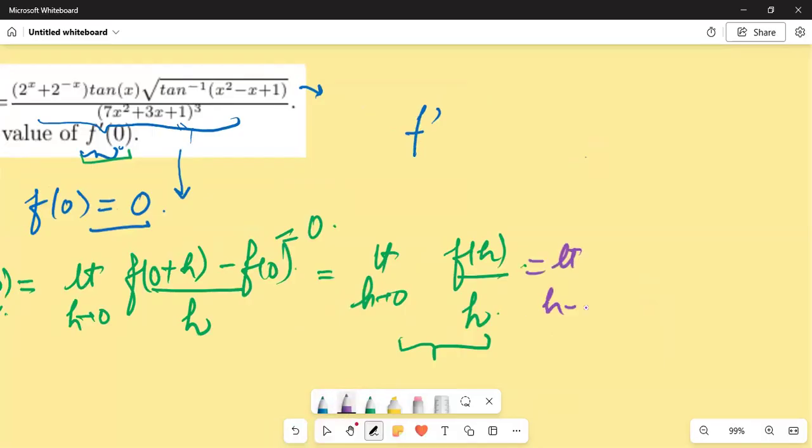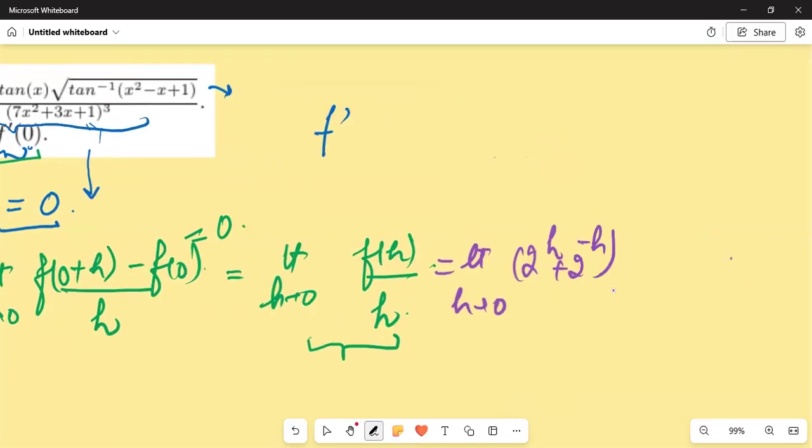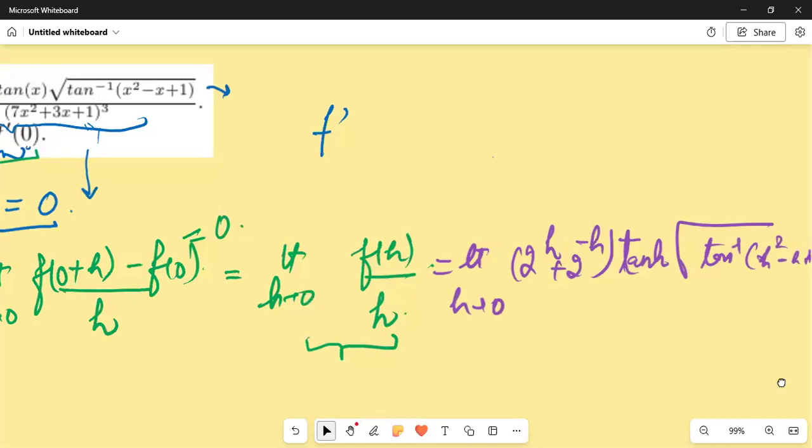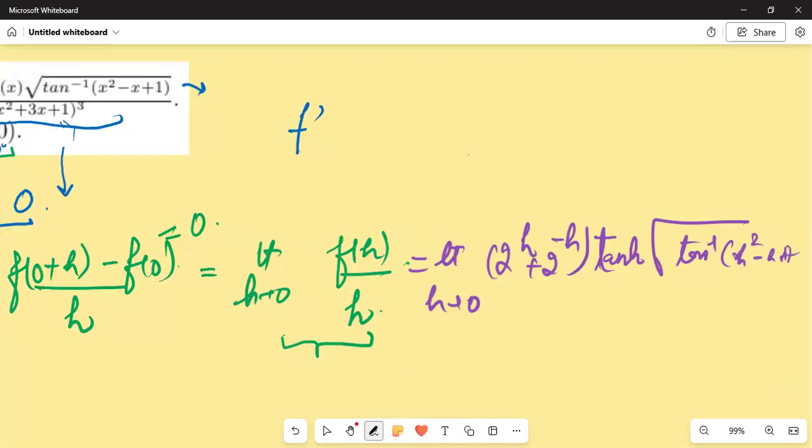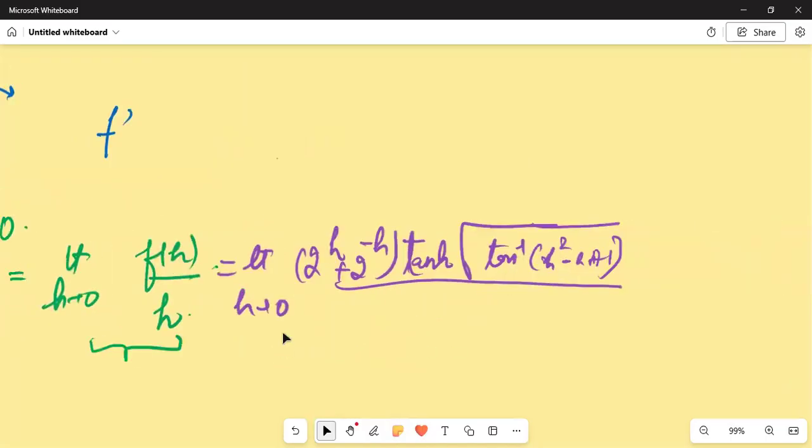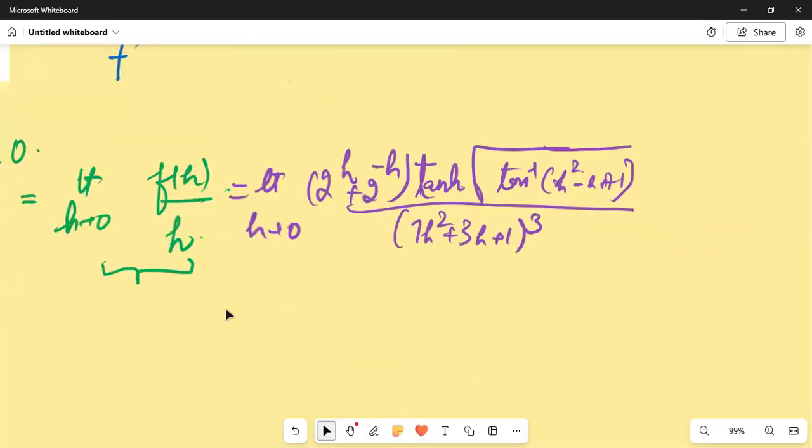You will get f(h) as 2 raised to power h, tan h, root of tan inverse of (h square minus h plus 1), upon (7h square plus 3h plus 1) whole cube, and all upon h.